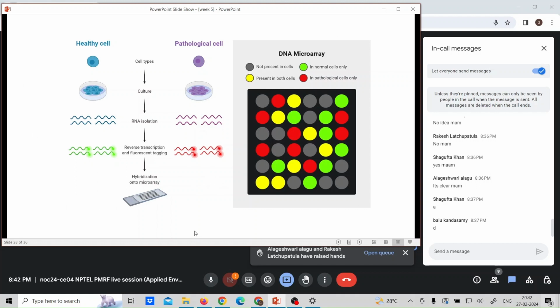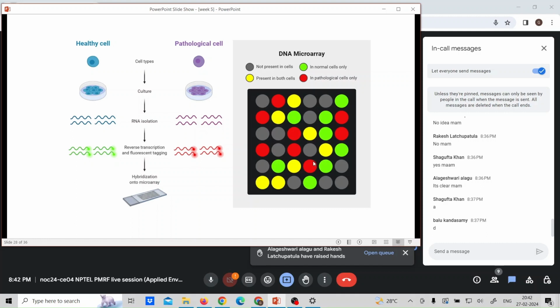This concept is generally explained based on a cancer cell. For example, you take a healthy cell, you take a cell that has cancer in it, and you do this RNA isolation. Compared to the normal cell, there will be some genetic difference in the cancer cell. Some other proteins will be expressed or something like that will happen, right? Based on that, you do the fluorescent tagging, and when you see here, this green color will be the normal cells, whereas the red colors will be the pathological or the cancerous cells.